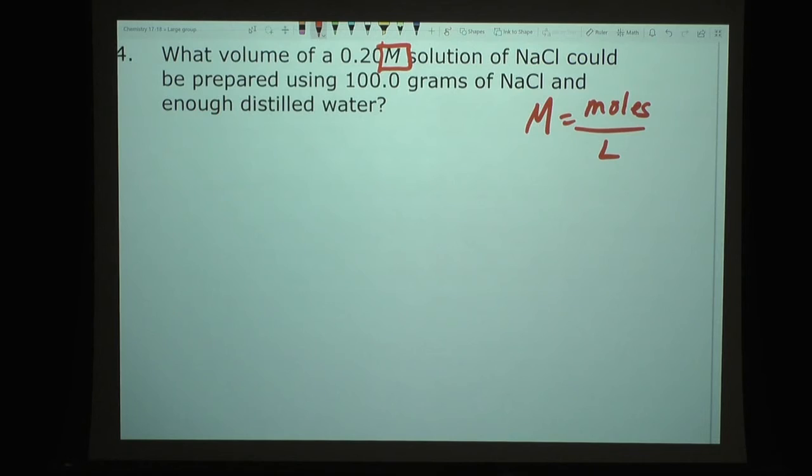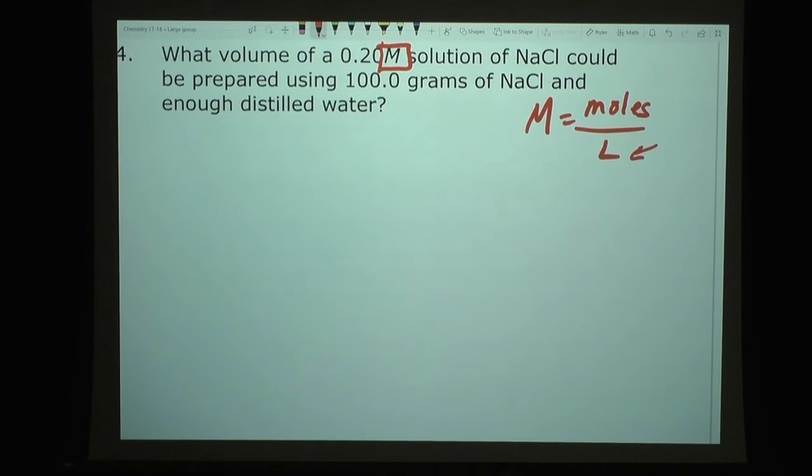Okay? So at number 4, when it reads, what volume of 0.2 molar solution could be prepared using 100 grams of NaCl with enough distilled water? We're looking for liters. What else do we have to know? Do we know the conversion factor? We know the conversion factor is 0.200 moles per liter.